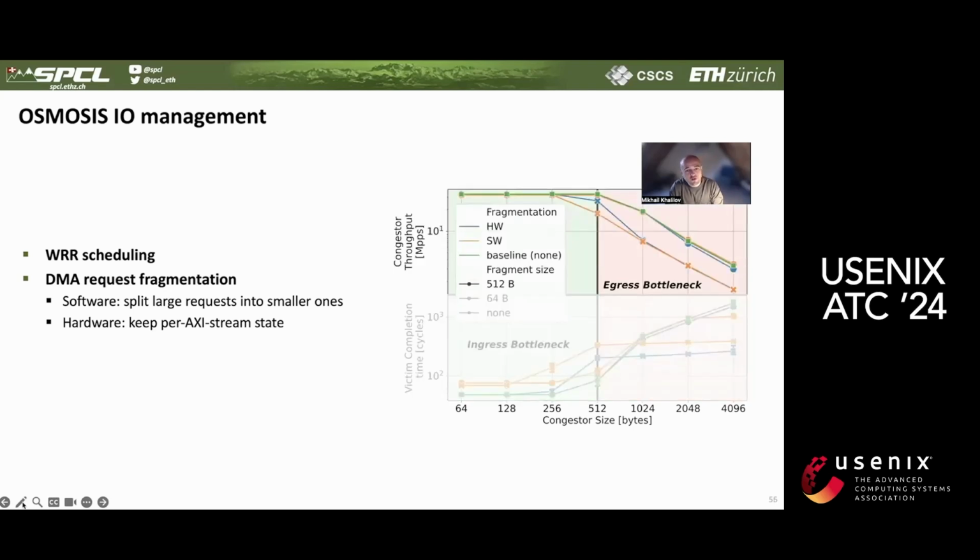Yet, this improvement comes with reduced throughput for the congester flow. This overhead stems from the added AXI protocol overheads to process a larger amount of smaller transactions. And in the paper, we discuss possible solutions for this, such as extensions to the AXI protocol.